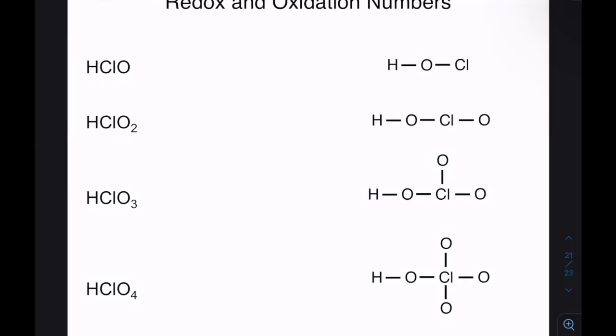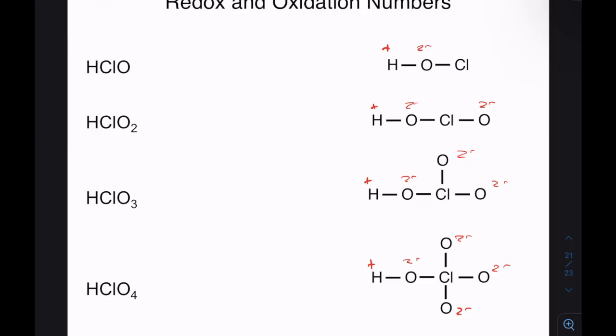Oxygens are always 2-. The hydrogens are always 1+. So you just total them up, and whatever's left over, since these are all neutral, is going to be whatever the oxidation number is on the chlorine.